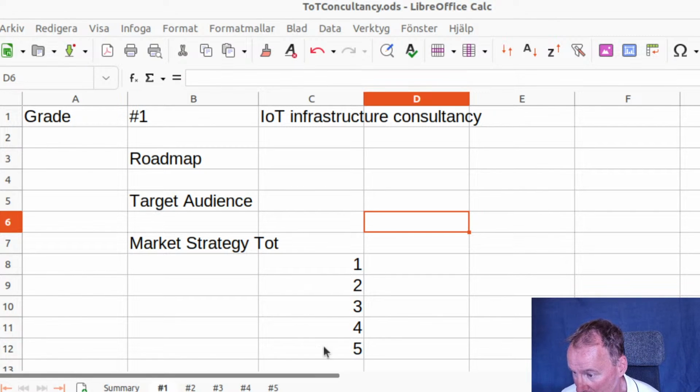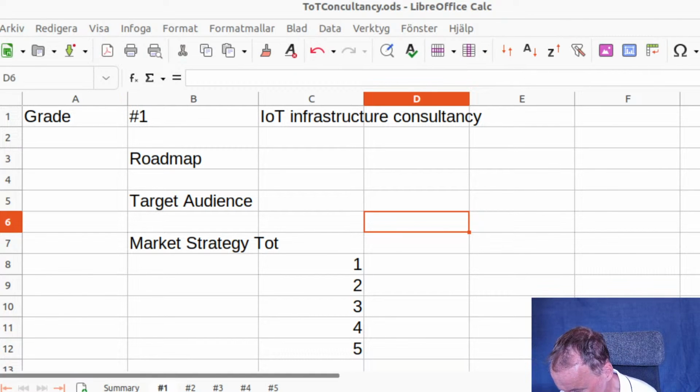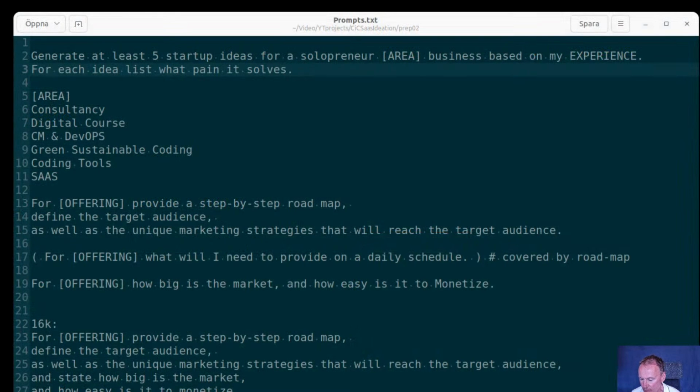So let's go back to the, where did I have it? On the get it. So last time I did this, I was able to just make this in one prompt. This started working after the update of 3.5.